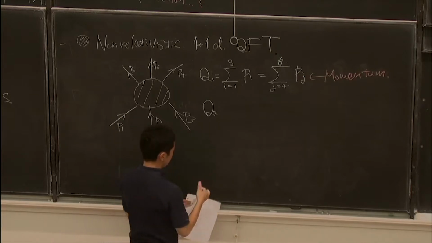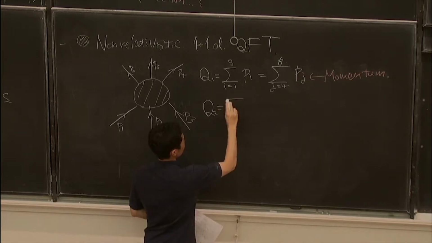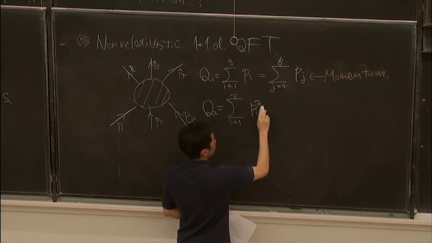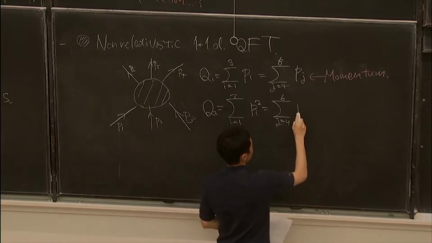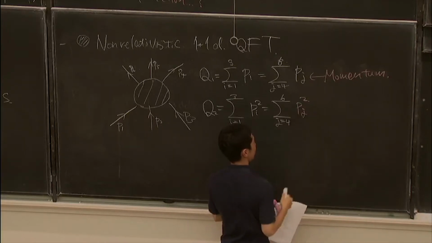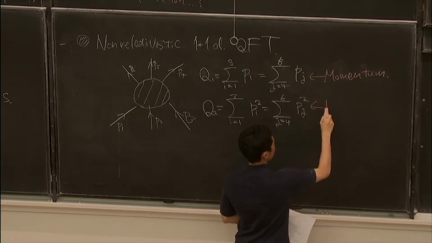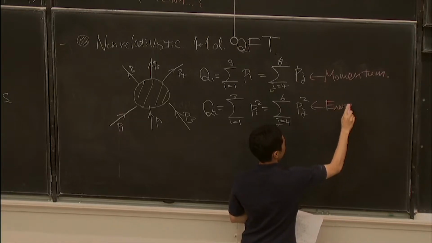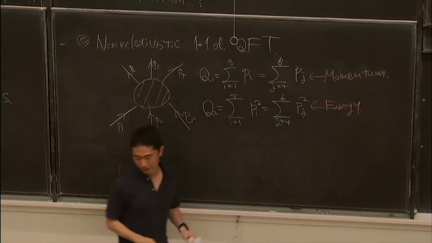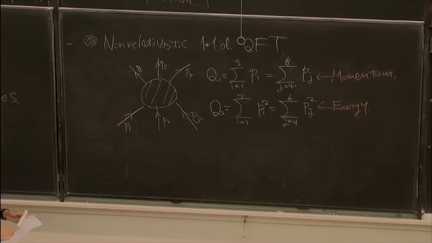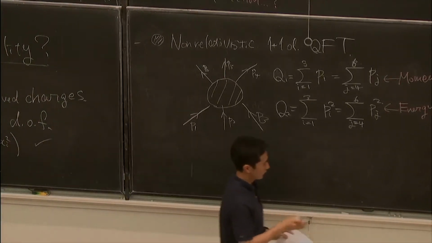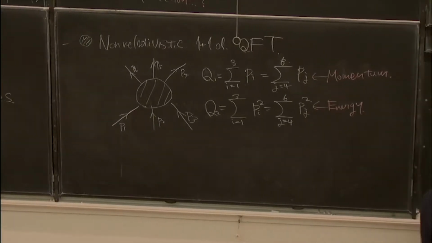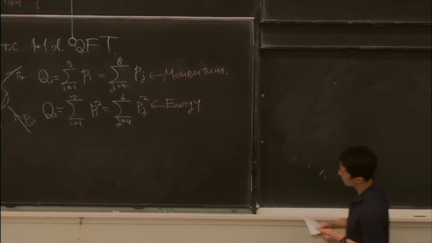And there is also another charge which is conserved, which is energy. Because I'm considering non-relativistic field theory, energy is essentially just given by the square of momentum. So these two charges always exist, regardless of the integrability of the theory.